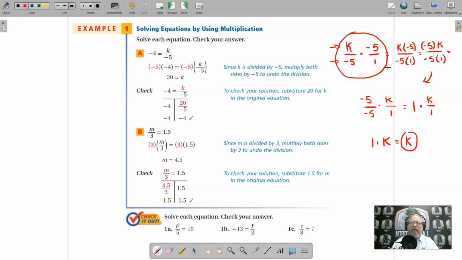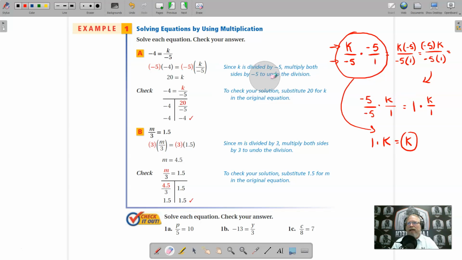A lot of stuff's going on from here to here. Whenever we go from this to this, you've got some commutative property going on. You've got that concept of anything over itself is equal to 1, and anything over 1 is equal to itself. You got a whole bunch of stuff that's going on over there.